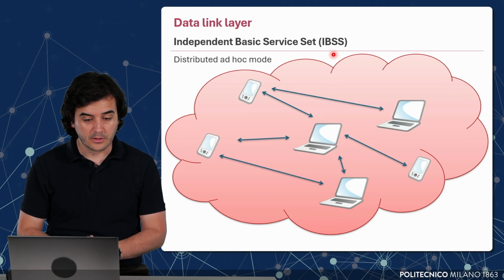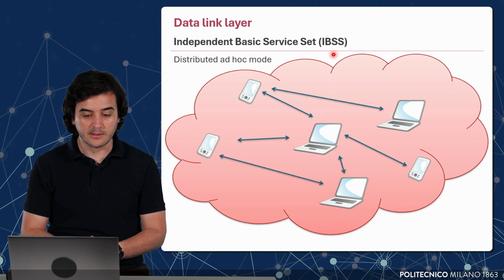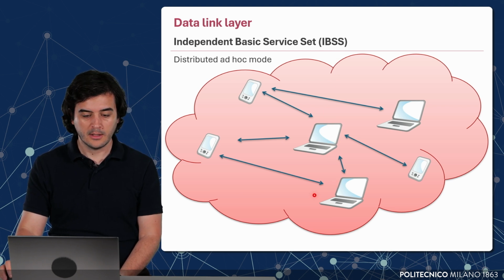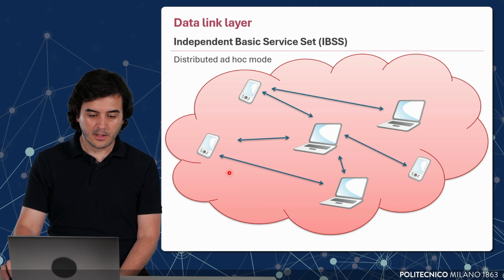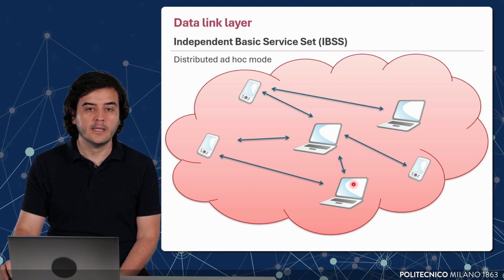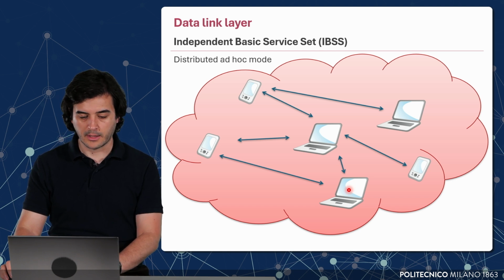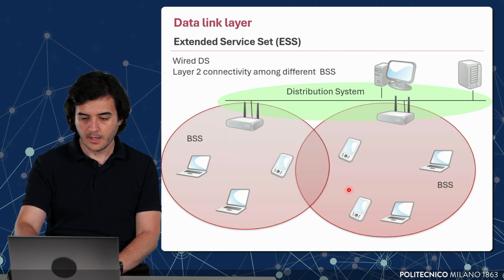On the other hand, when we talk about an independent basic service set, the idea is that it is possible that a set of equipment, a set of stations, communicate with one another independently without the need to go through a centralized entity.